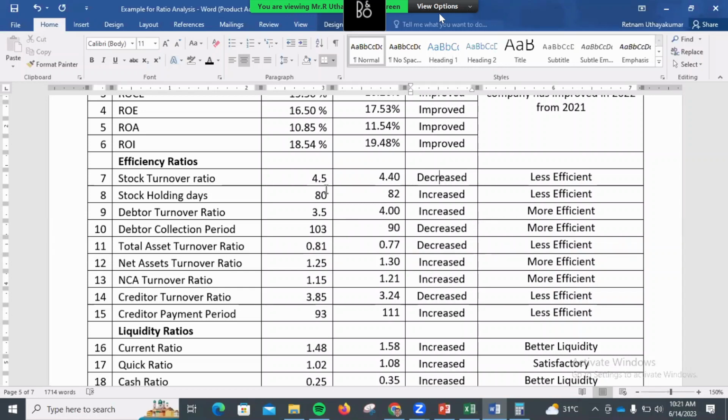Debtor turnover ratio increased, so a higher ratio is comparatively more efficient. This is identified. The total asset turnover also decreased, so definitely you can interpret it as less efficient. When you have a higher total asset turnover ratio, you can interpret it as very high efficiency.